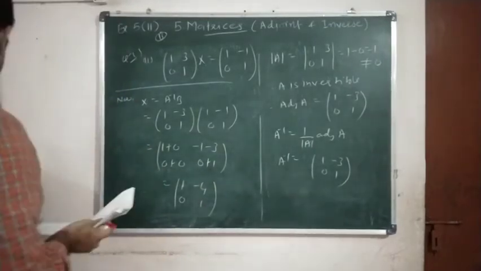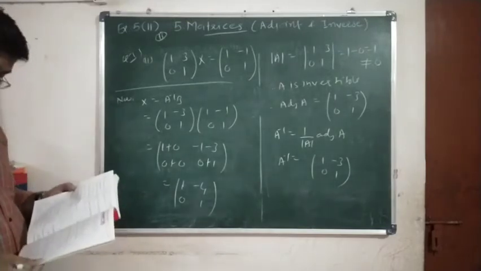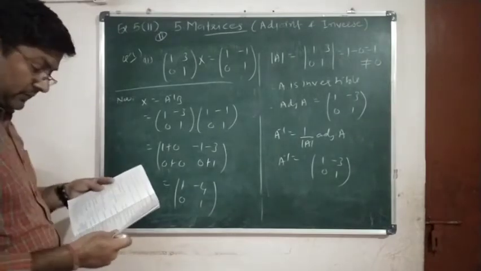Clear? So B, second question, 1 minus 4, 0, 1. Okay, done. So second one is done.